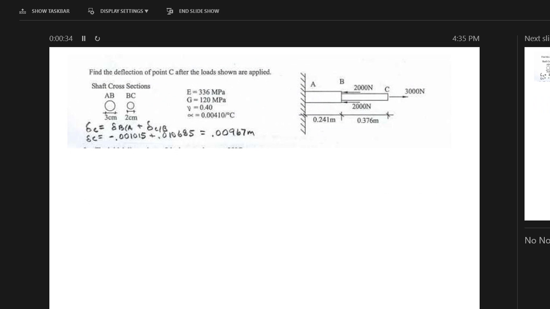Okay, find the deflection of point C after the load is applied. So what are you going to do with that? Make the cuts. Find the internal forces in AB and then BC and then PL over AE for each section. Add them up.